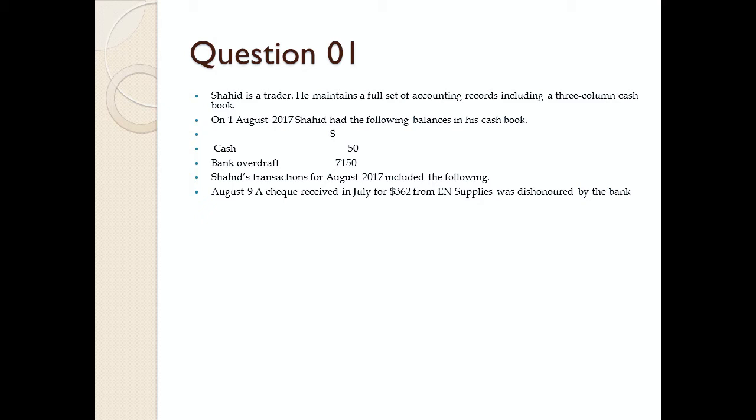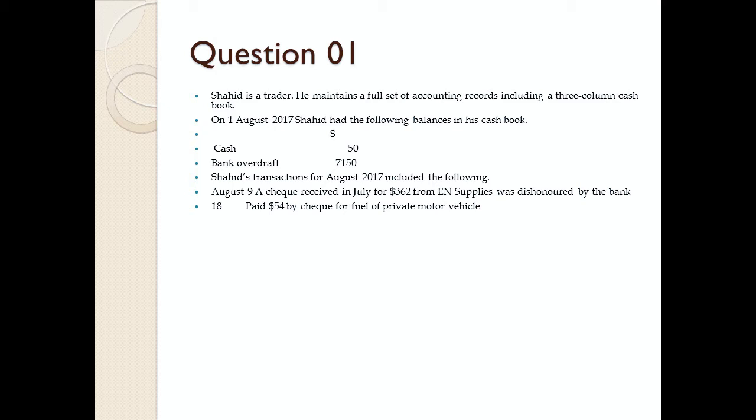EN suppliers are basically your customers, and they had given you 362 previously in July, and you deposited it in the bank, but this check got dishonored, so you have to credit this in your bank account.